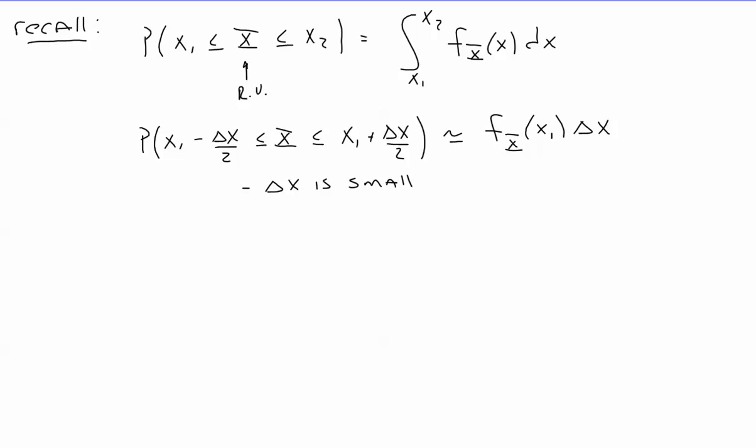And what I'm essentially doing is I'm looking for the probability that my random variable x falls in a small, narrow region centered on x1. I'm going to let x1 equal my bin center, and I'll say more about this in a minute, and delta x will be my bin width.